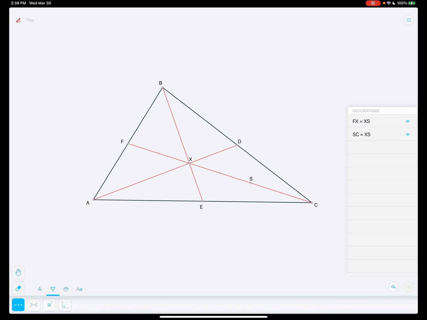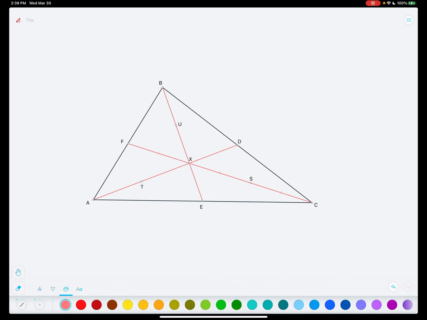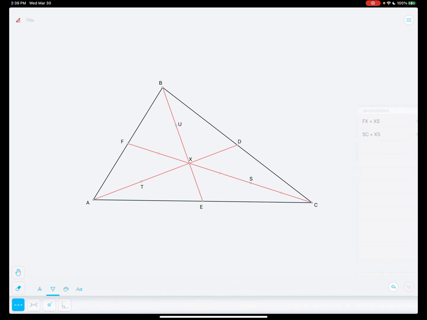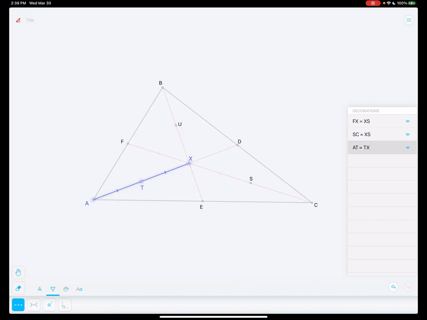So if I look over here and I split my AX in half and my XB in half and label them both, then the distance between AT, TX, and XD is going to be equal.